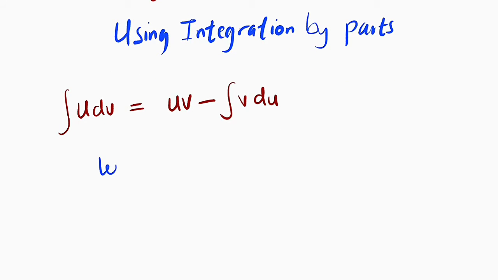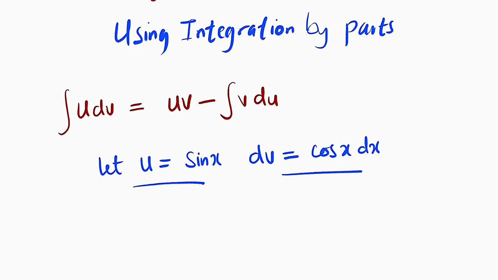So I would like to let u be equal to sine x and dv be equal to cosine x dx. We differentiate this and integrate this before we plug them back into the formula.